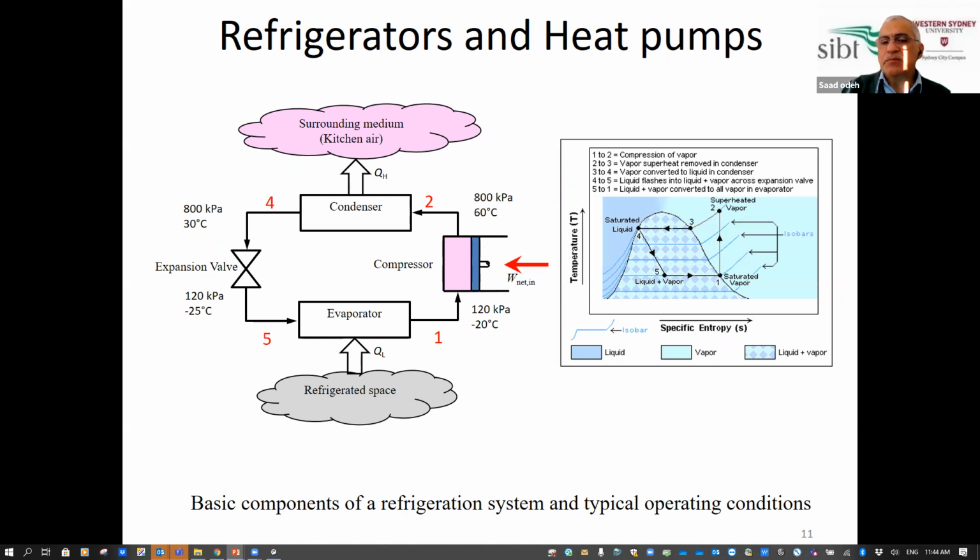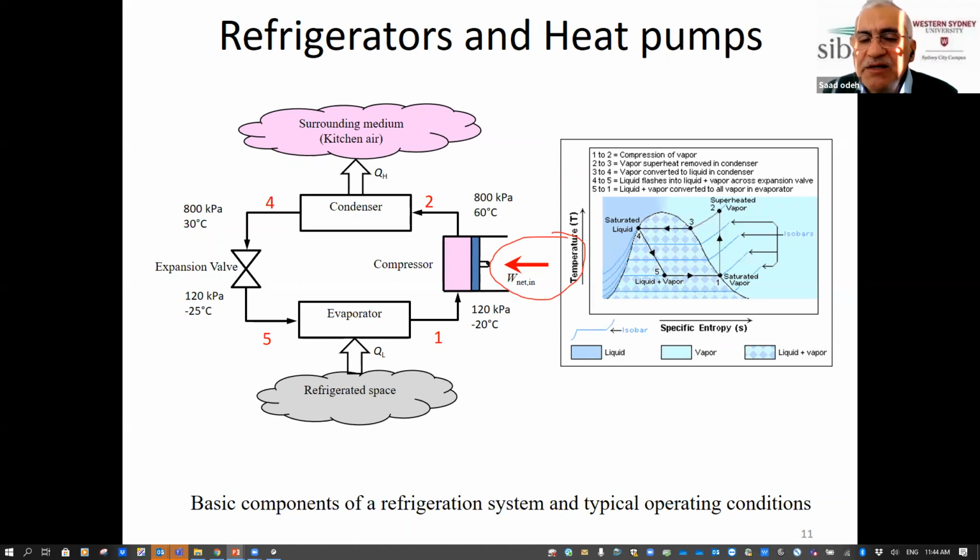This system conveys energy from one side to the other side by using work. So in refrigerators and heat pumps, we are consuming work. As you can see, this work is represented by the electricity consumed by the compressor.